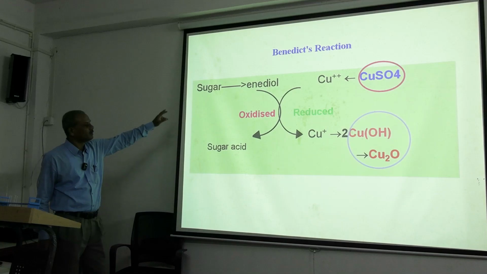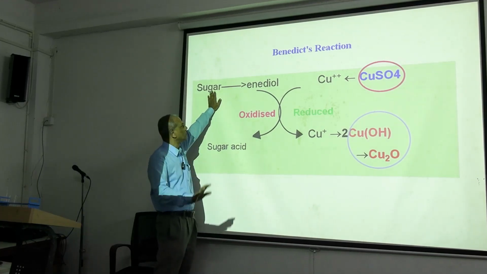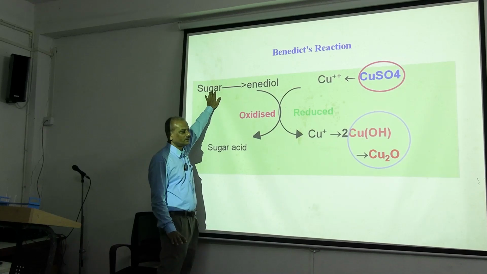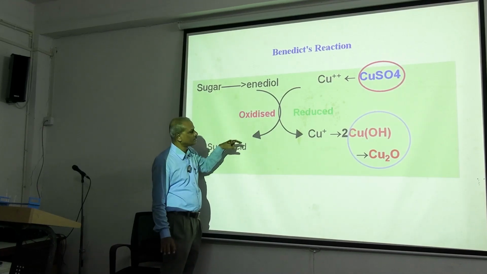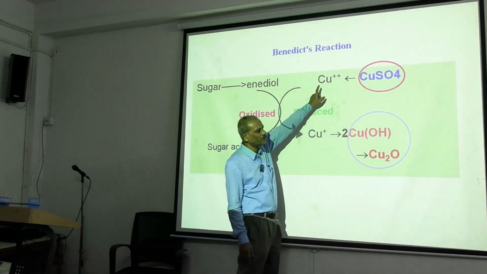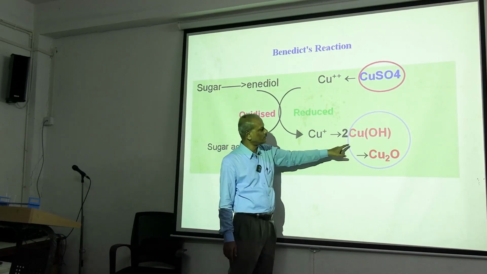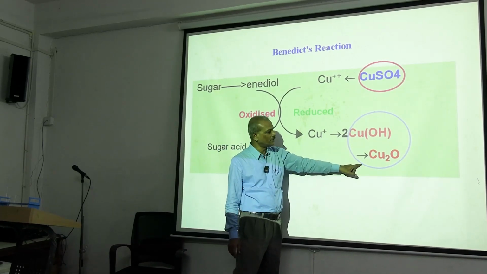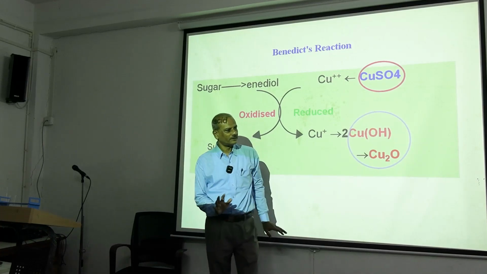Try to understand this part. We have written sugar, not glucose, meaning all reducing sugars. It forms enediol, and enediol gets oxidized because it is reducing something. What is it reducing? It is reducing cupric ion of copper sulfate to cuprous ion, to cuprous hydroxide, and then to cuprous oxide. Is it clear?